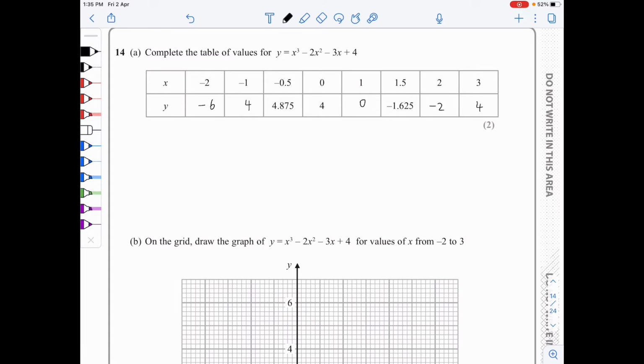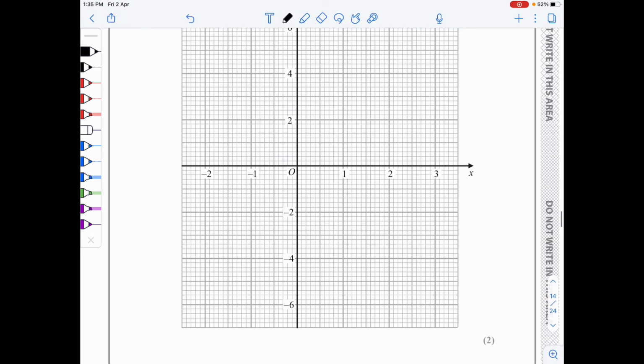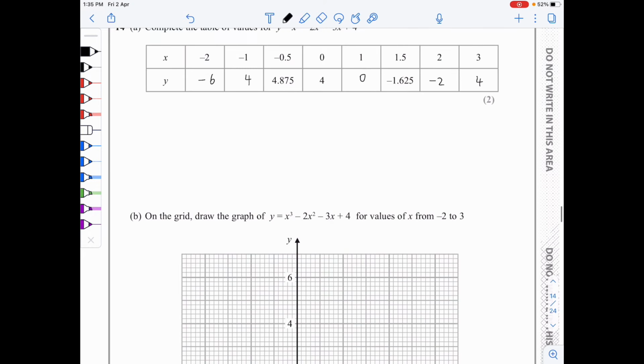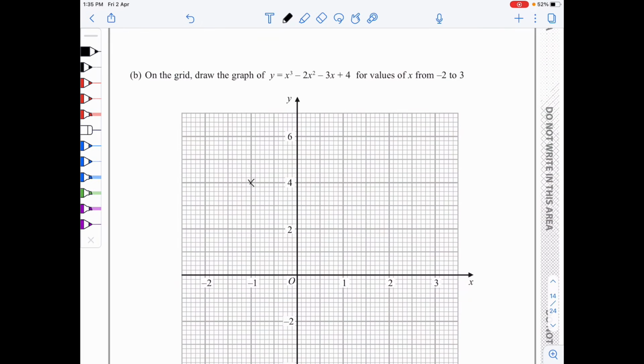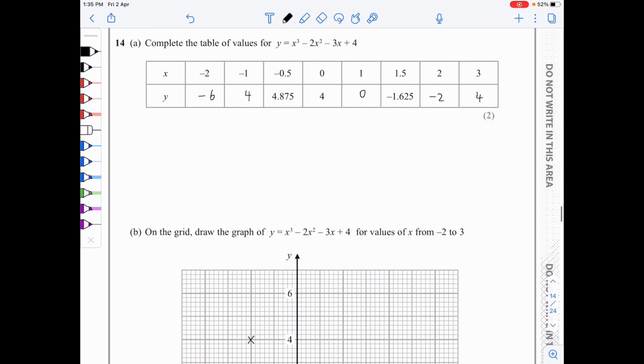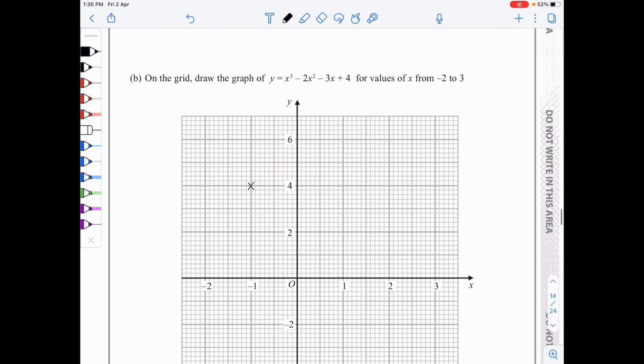We need to draw the graph here, so -2, -6, we've got the -1, 4. We have -0.5, 4.875. So -0.5, 4. This is 5 here.